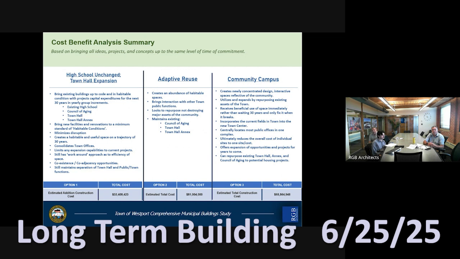Scenario number 2, adaptive reuse, is a long period of time. It's 81 million, not at once. It's over 30 years, $81 million. So it's a long period of time. So that's an easier pill to swallow, but it's a constant unknown on your balance sheet every year from a building that the town owns. So that may be greater or less.